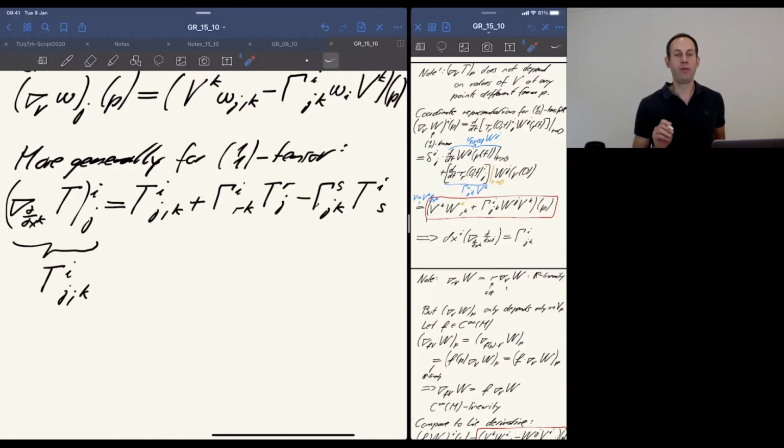I should, however, warn you that this symbol is highly misleading. Why is it highly misleading? It suggests from the order that you take the T i j component and then take the derivative of that. But this is not what it's saying. If you look at this, it's actually the other way around. You first take the covariant derivative of T and then look at the components of this.